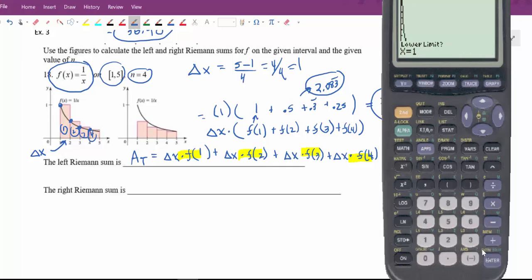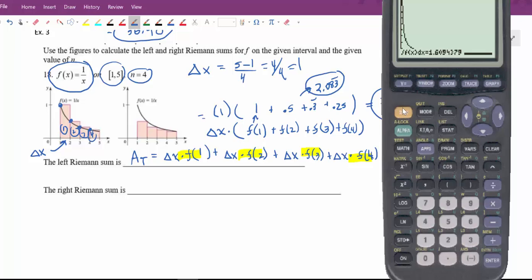So we go 1 to 5. Oh, hold on, that's doing the exact area under the curve. So notice this is an overestimate. And does that make sense from my diagram that it's overestimating the area under the curve? Okay, that's what happens because of the way the function goes.